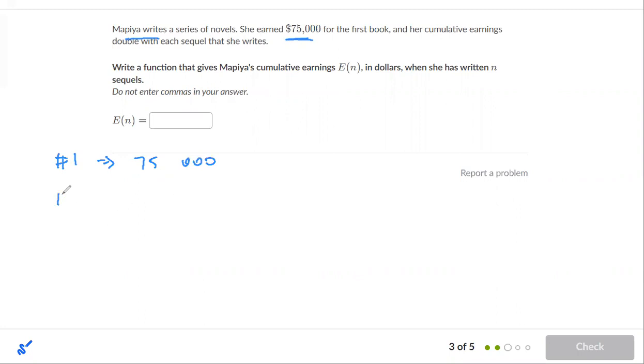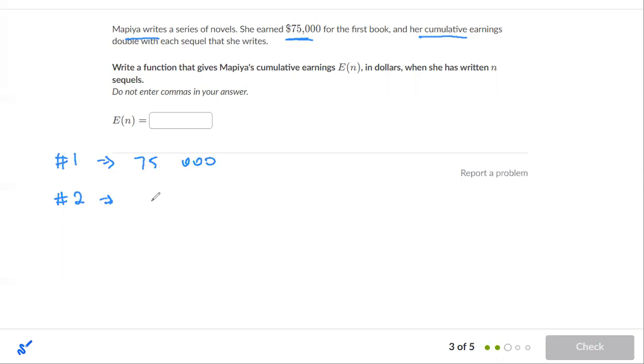But after the second book, let's say she's done with the second book, it says her cumulative earnings will double with each sequel of that series. So as soon as she's done with the second book, she's going to get a total amount of twice the previous one. This was 75,000.